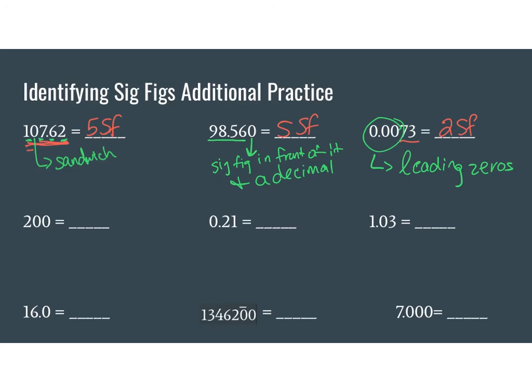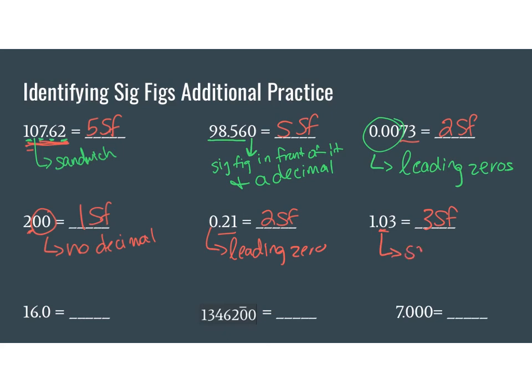So next, right here, we have 1 sig fig. These guys, no decimal. This one has 2 sig figs. This guy is a leading 0. 3 sig figs. This guy is a sandwich 0.